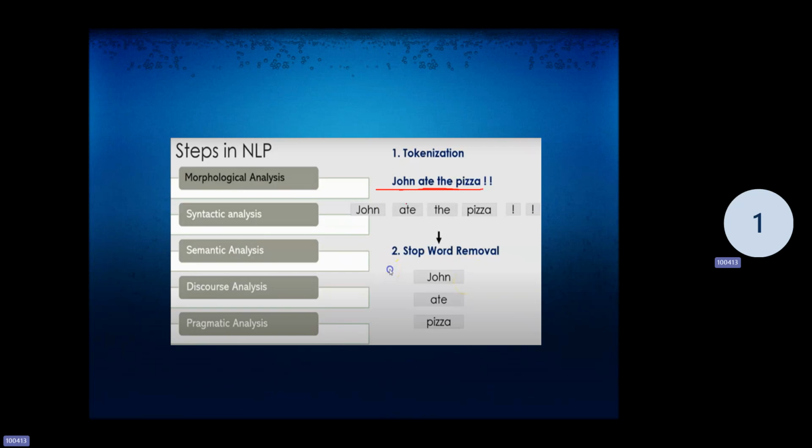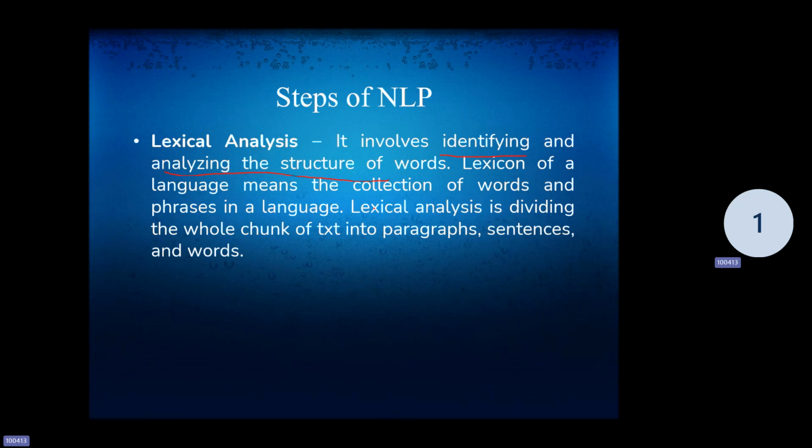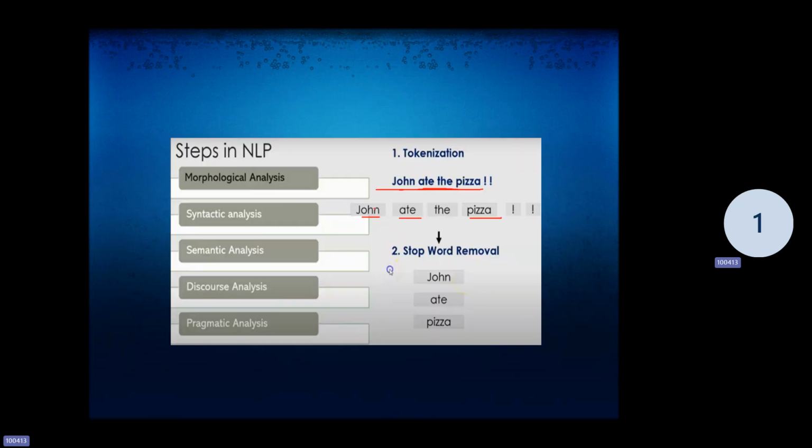Here, first of all, our NLP system searches for some keywords, which is known as stop word removal. Important words: for example, John is important, but what is the meaning of "the"? No meaning of "the". Then pizza, yes, it has some meaning. So it is used for analyzing the structure of words.